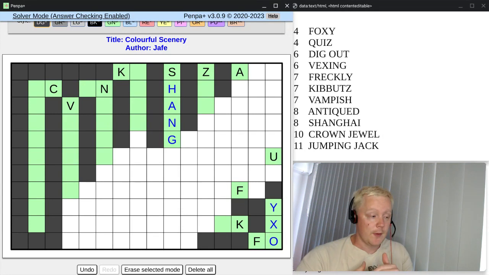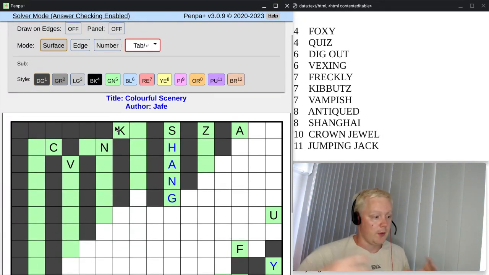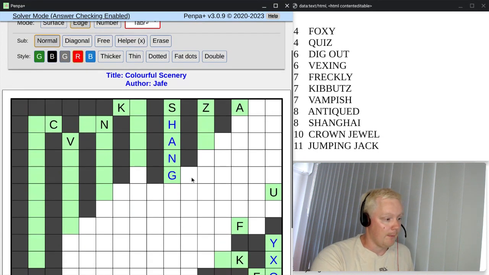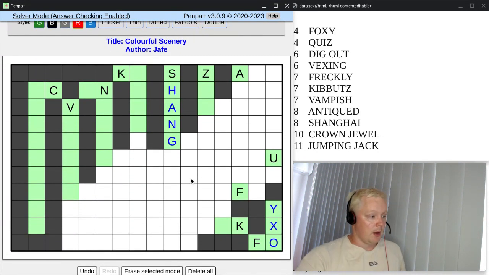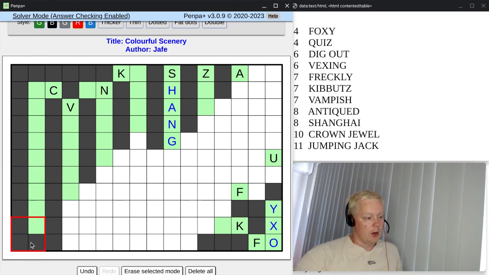But there was one other way to reach the same logic, and that is to think about the 2x2 boxes. So imagine we hadn't shaded this part of the grid at all. Let's look at this corner here. Now we know this corner cannot be fully shaded. It has to contain at least one unshaded cell.